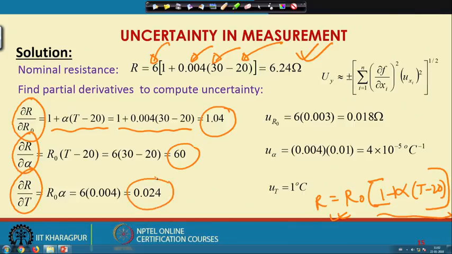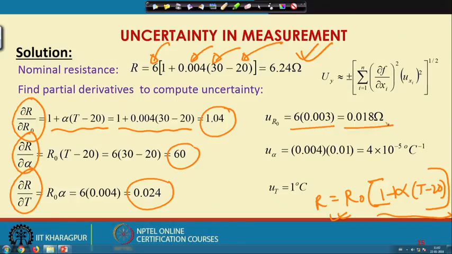And now, individual uncertainty. Uncertainty in R0 is given as plus minus 0.3%. So, 0.003 of 6, which is the nominal resistance. So, it was given as 6 plus minus 0.3%. So, this value is 0.018 ohm.